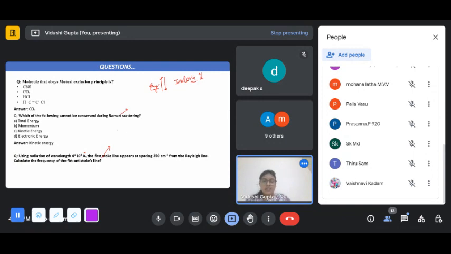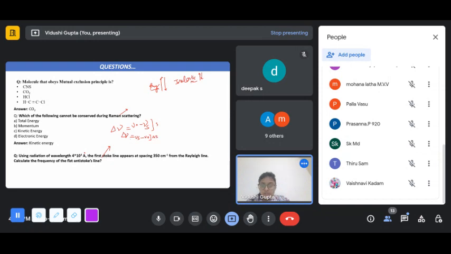We have already discussed the value of the Raman shift for the Stokes line, and this was for the anti-Stokes.